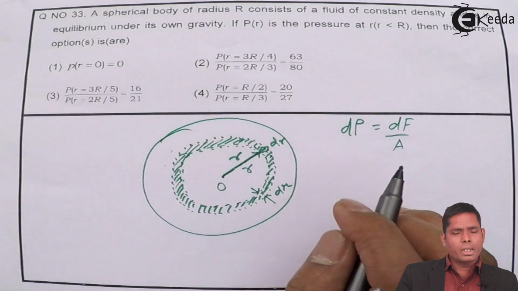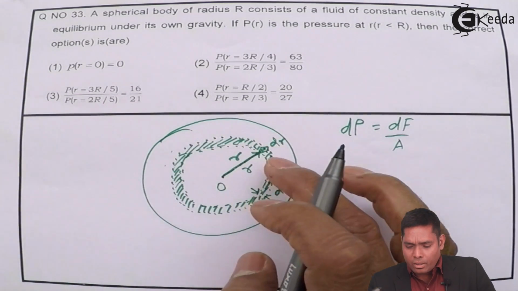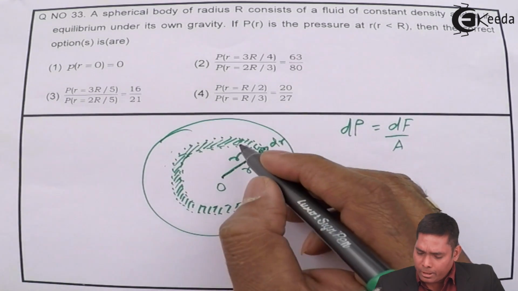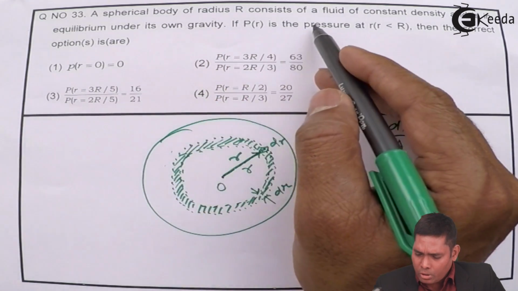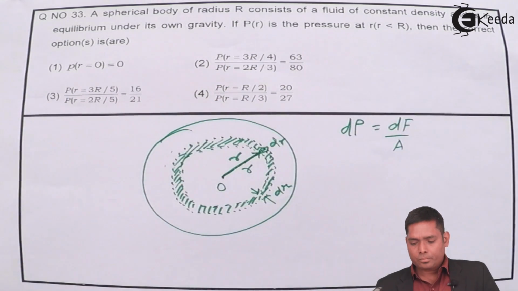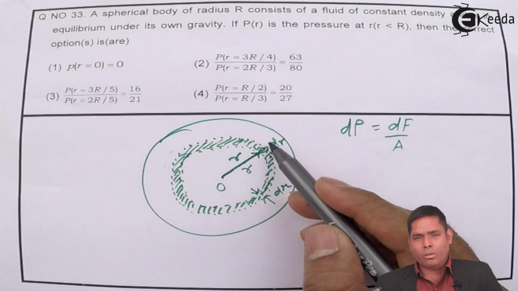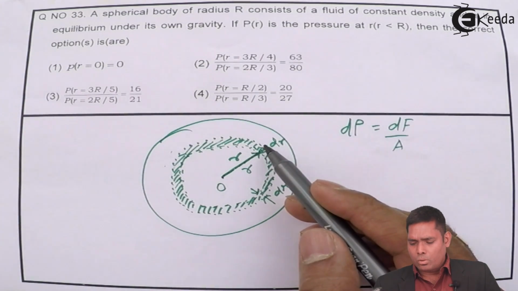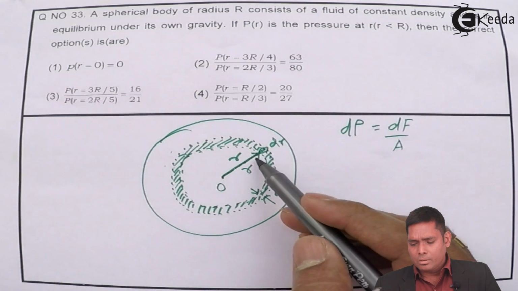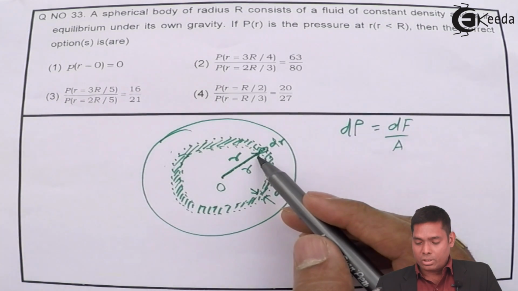This is for only this element under consideration, but you have to find the pressure due to the whole of this. As you change the element, r will change, and obviously the pressure will change. So the pressure is a variable one, and you have to go for integration.